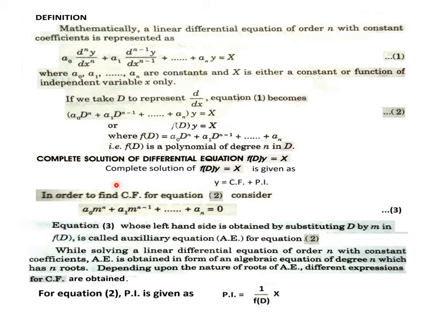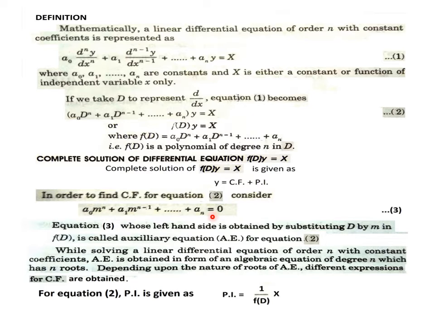In f(D) we are replacing capital D by small m, so it becomes a0 m^n plus a1 m^(n-1) plus up to plus an equals to 0. So this equation 3 is created from f(D) by this process, and this equation is actually called auxiliary equation for that equation 2.